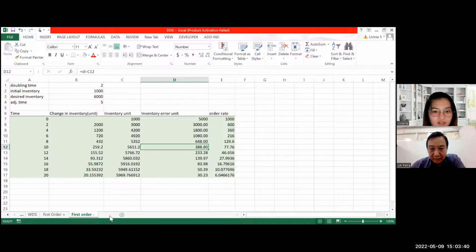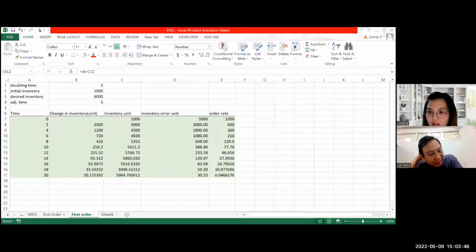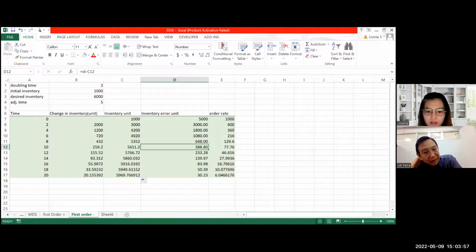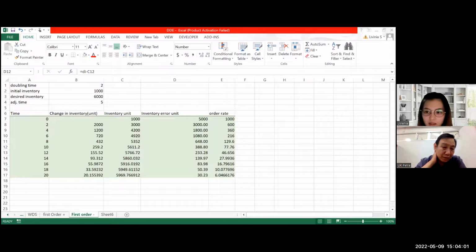The third one is similar, right? Exactly similar. You just have one more level actually. Okay, let me just make it now. I just copy that if you want. Copy the first order and then make it the second order.